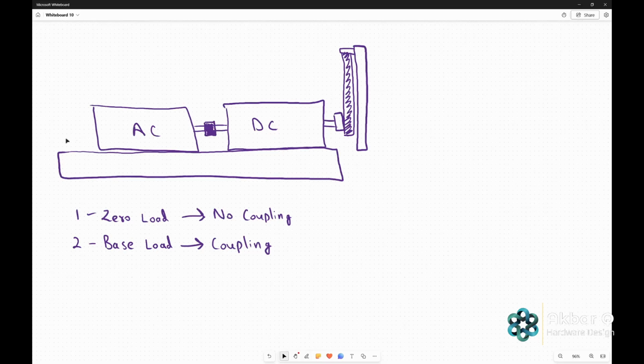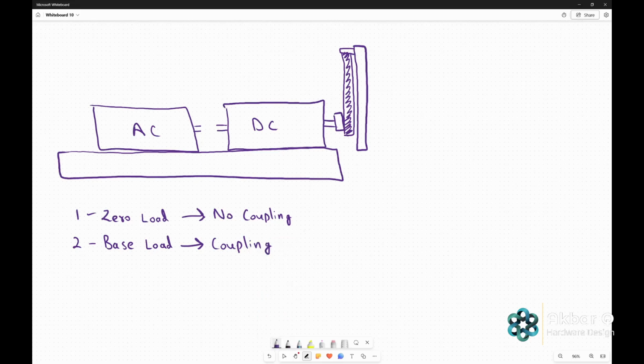So we connect the machine in a way that only the DC machine runs, and then we have complete isolation between the two. So this part is completely disconnected. Now we run the machine to get the zero load characteristics.